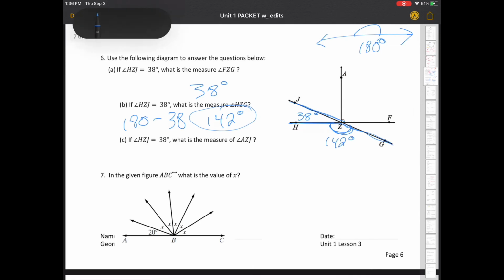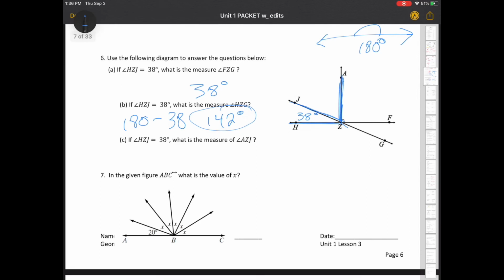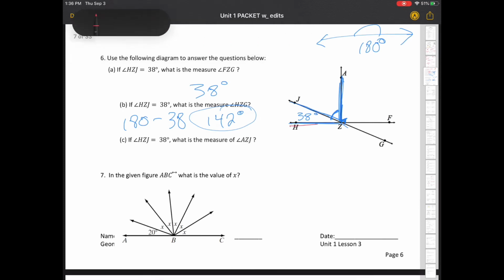On to the last one. Again, it's 38 degrees. We are looking for angle AZJ. AZJ is this angle right here. Here we're told that this is 90 degrees. Based off of that, we should be able to tell that these two lines are perpendicular.